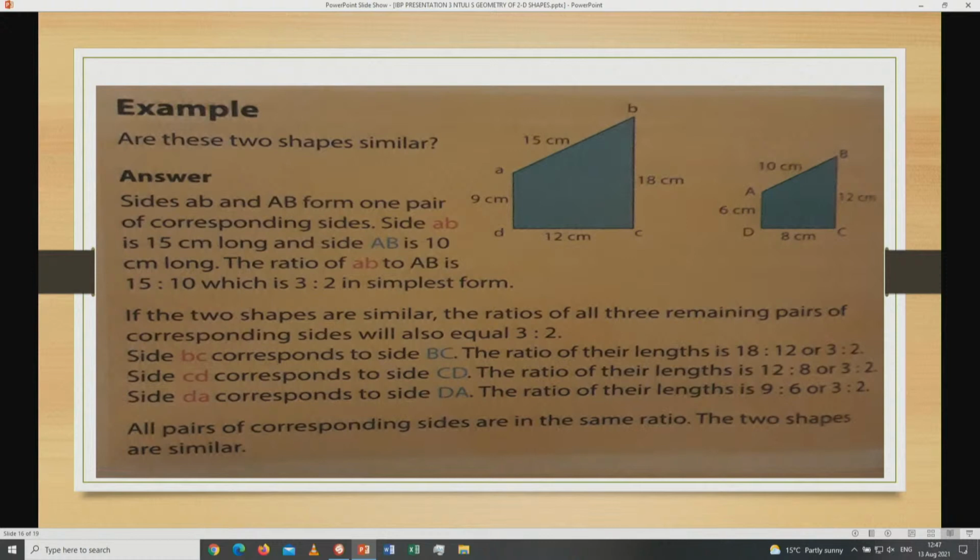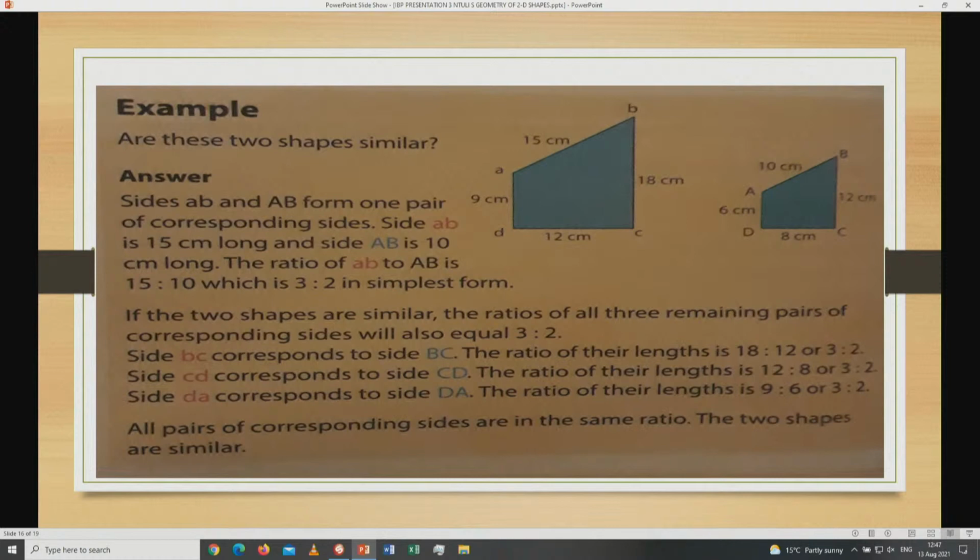Right, guys, what we are learning out of this example is that we cannot just quickly confirm something is similar or congruent. The first thing that we need to be very careful of when we decide some shapes to be similar, congruent, or not similar, is to find the ratio.